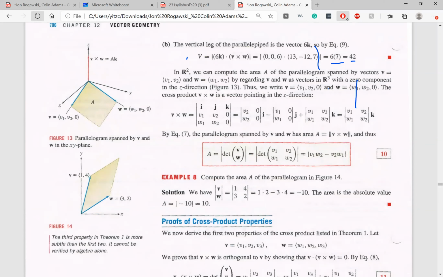Or being able to tell if two vectors are orthogonal to each other, or parallel to each other, or not parallel or orthogonal. All those types of questions can come up, and you should be able to tell using the dot product and the cross product how that goes.